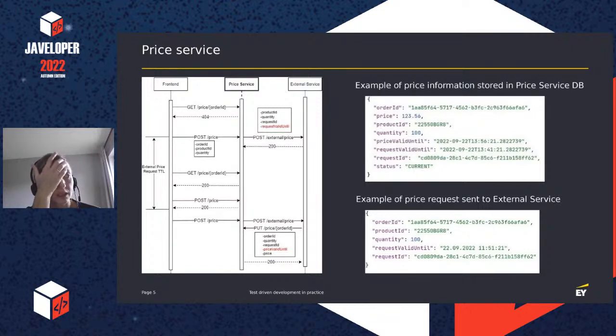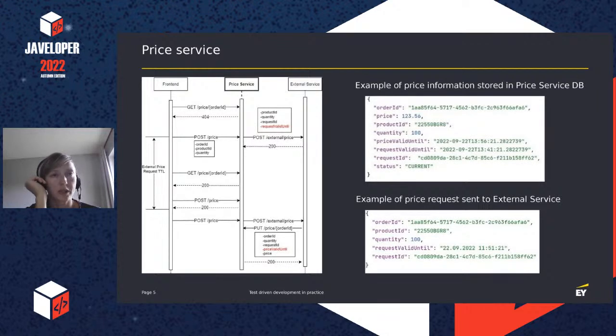And also, when the external service calls our endpoint with a PUT request, we update our price entity with the provided price and the time until which this price is valid, and we set the status of the price as current.